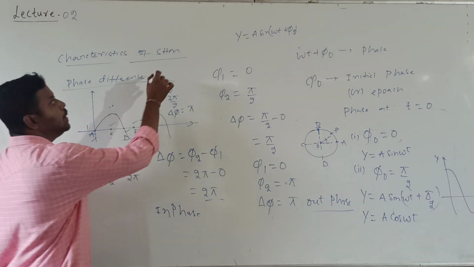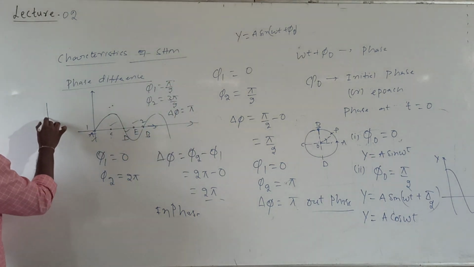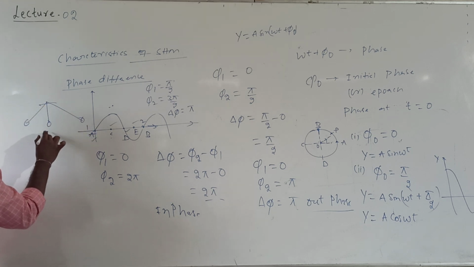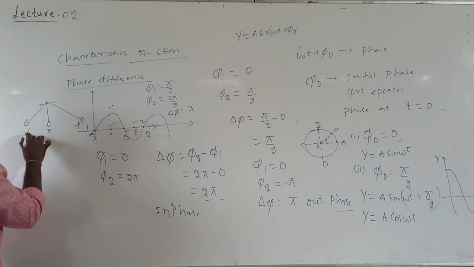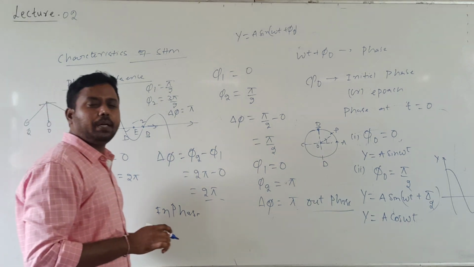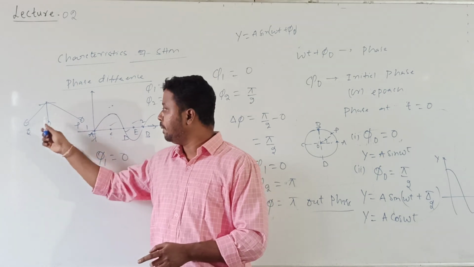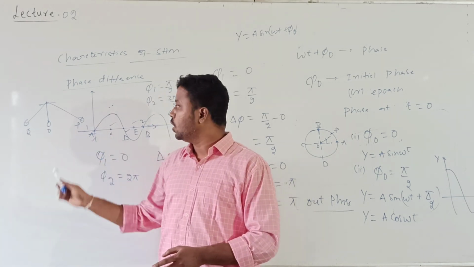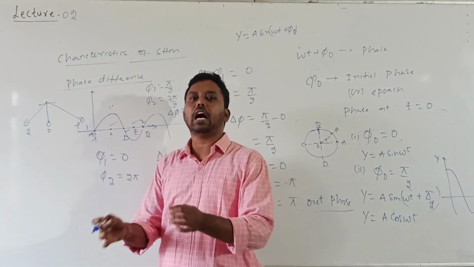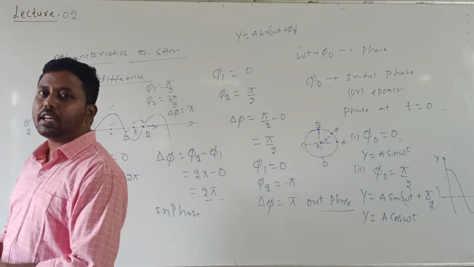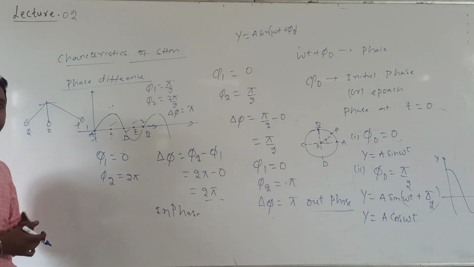So in the case of a simple pendulum, this is the mean position, and this is one extreme position and this is one more extreme position. For example, if one particle is at P and one particle is at Q, both particles are at extreme positions but opposite in direction. What is the phase difference between these two particles? 180 degrees.